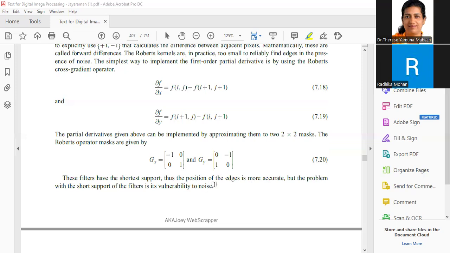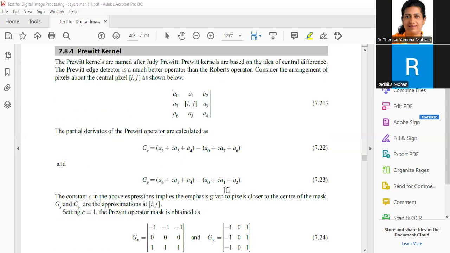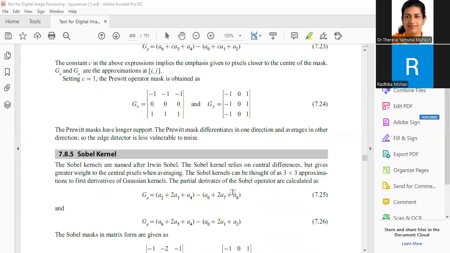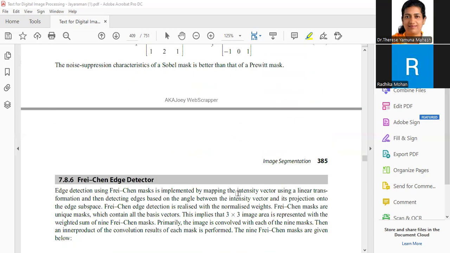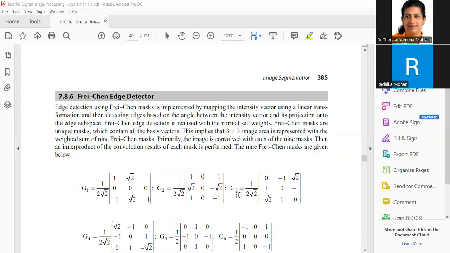So vulnerability to noise is more in the Roberts kernel, and it is much higher in the Prewitt kernel, and the Sobel kernel is the best to get less noise in the output.